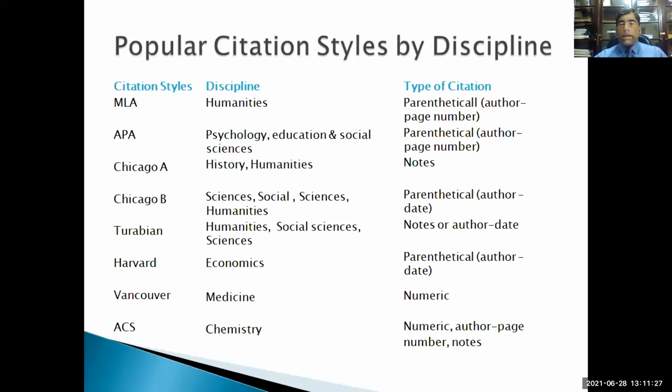Again, you also follow types of citations according to these citation styles, like author-date, author-page number. Then you can also give footnotes. You can give numeric citations, so ACS and Vancouver follow numeric citation styles.